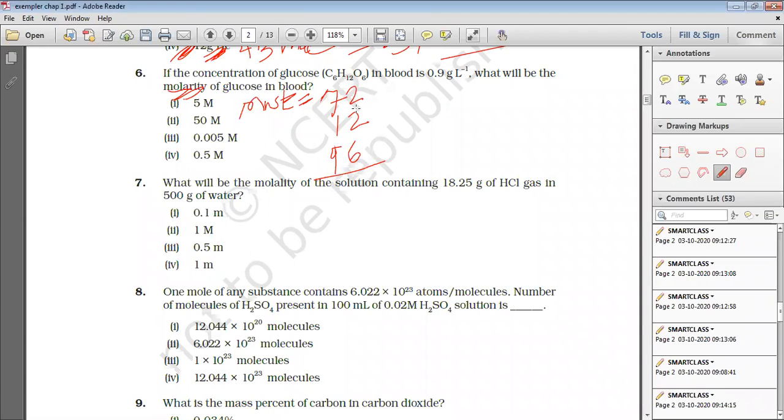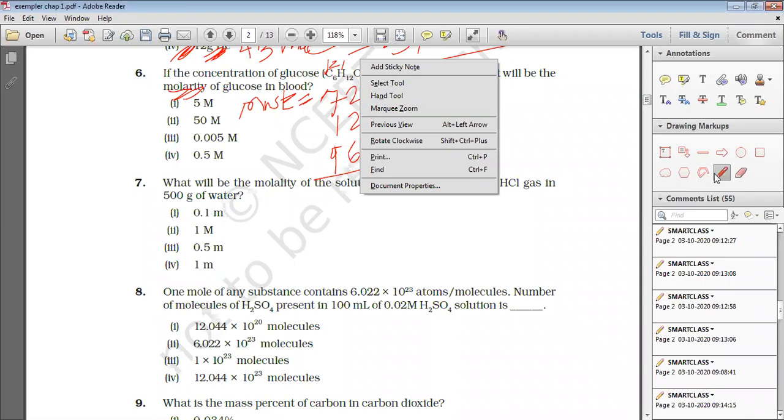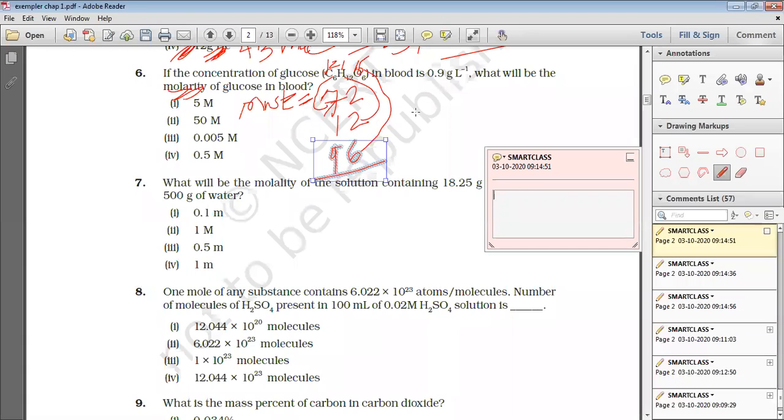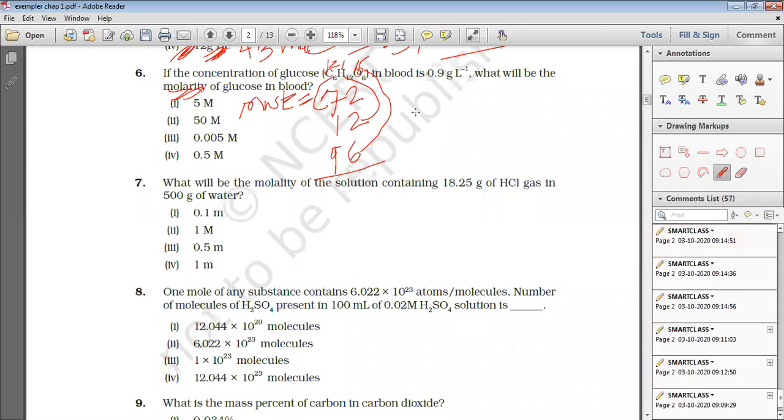Can you add this and give me the answer? For carbon we have 12, hydrogen we have 1, for oxygen we have 16. So 16 sixes are 96, 12 ones are 12, and 12 sixes are 72. What's the total sum? 180. Very good. So the molecular weight is 180.